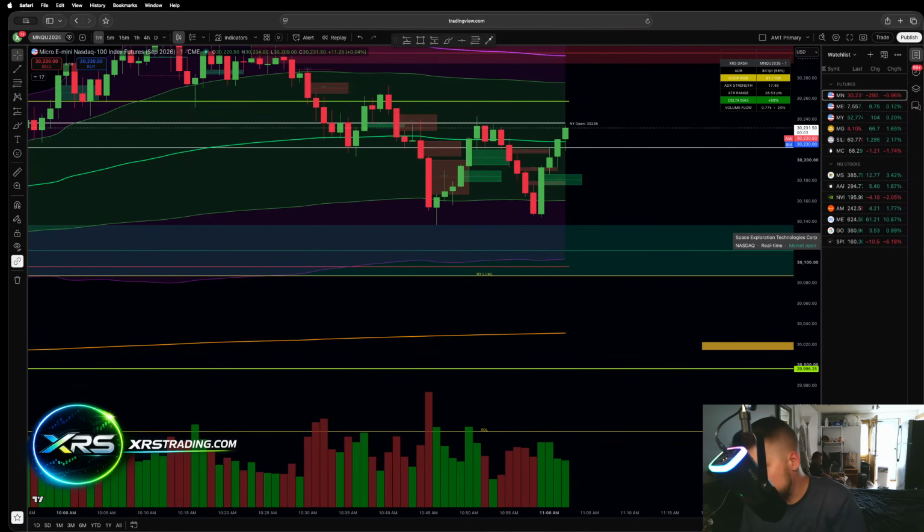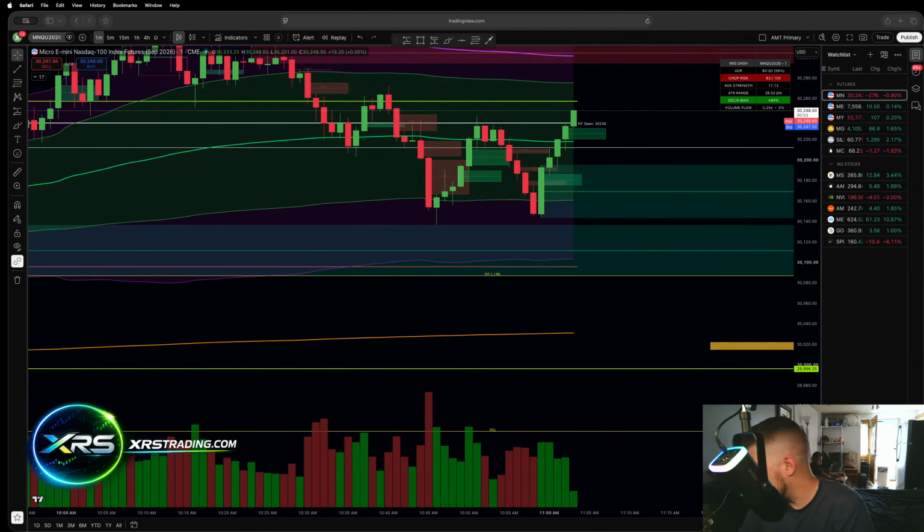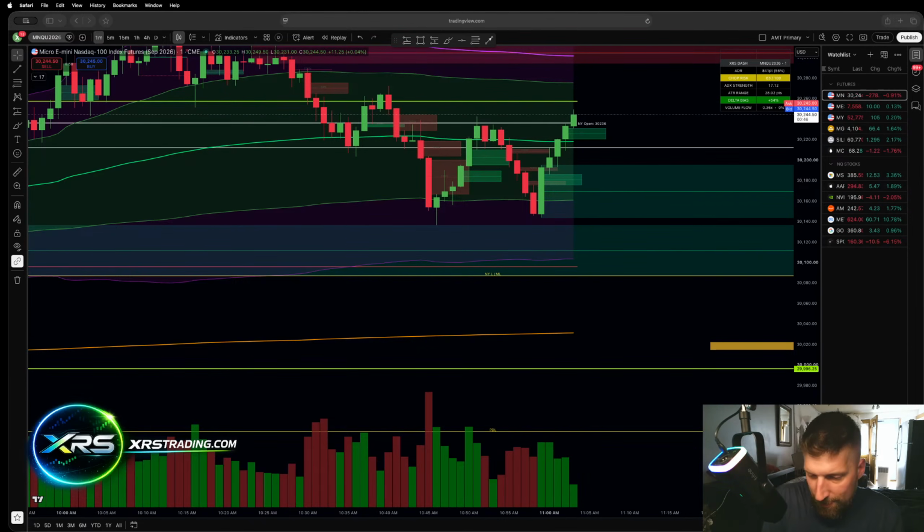There we go. Internal range sweep. Stop MNQ. Yeah, look at that. Just see if that's a sweep and then it's going to continue lower, or if this is just going to be bullish now. That's interesting. Yeah, this was the trade right there.